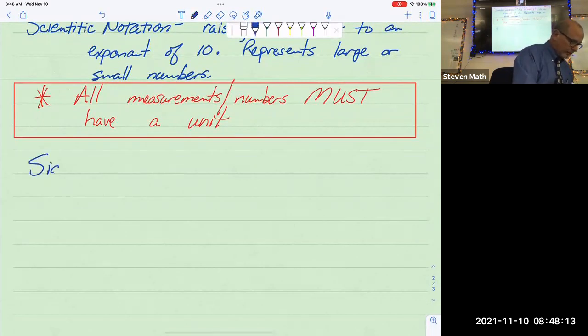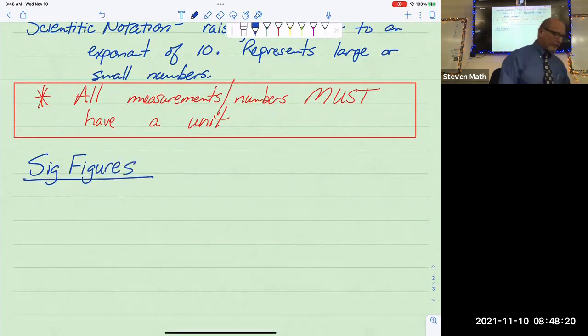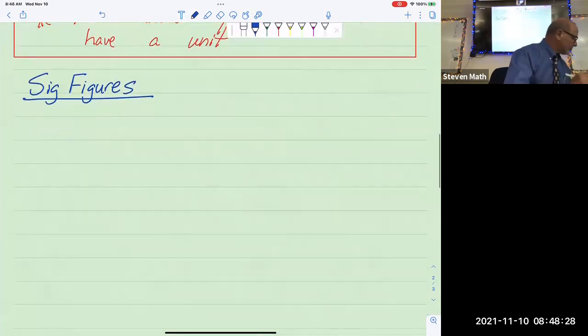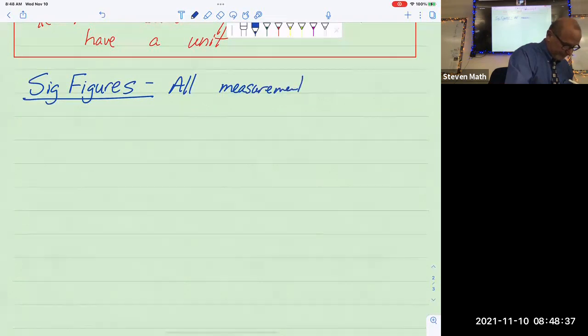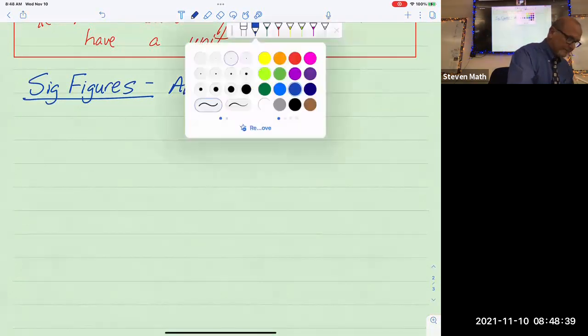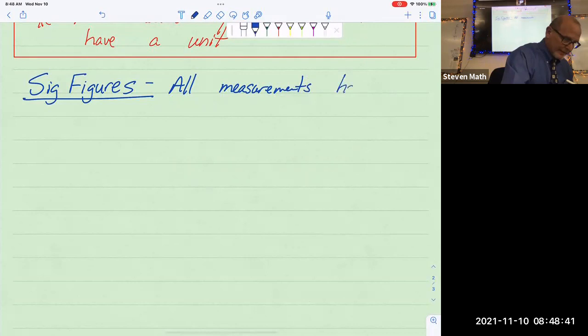Okay. Big topic. Significant figures. This helps us answer the question of how many numbers do you want us to round to? So we don't have to ask. We can know. All right. Significant figures. All measurements have uncertainty.